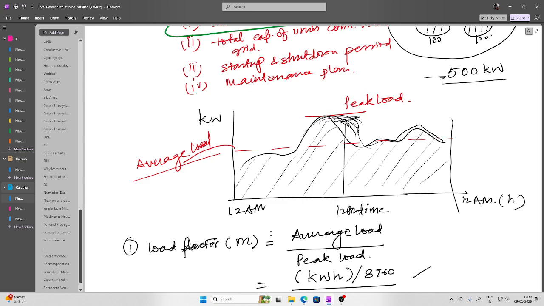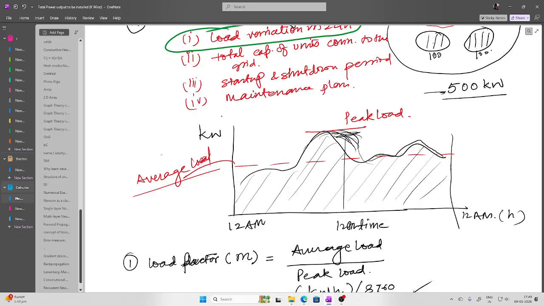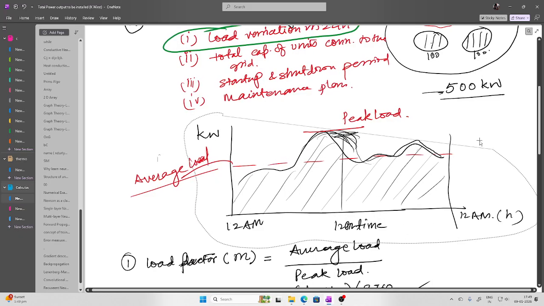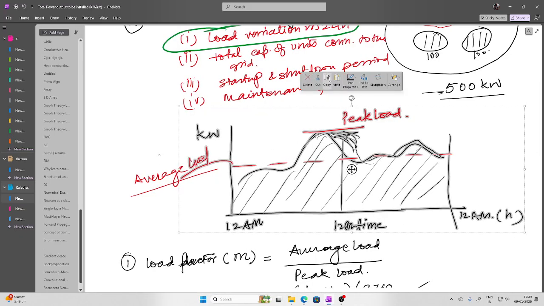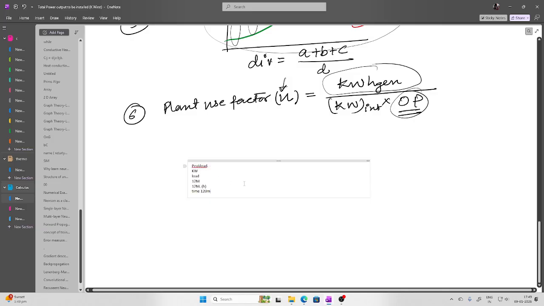And from this load duration curve, people generate the load curve. How? Let us see here. Let me copy this full. Oh, I think it has not been copied. Very bad. So let us draw it again.